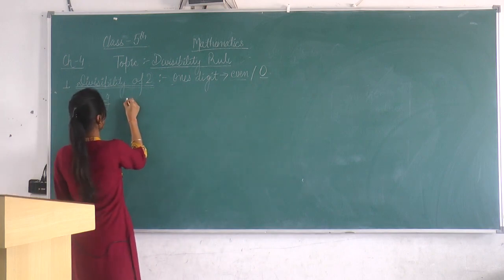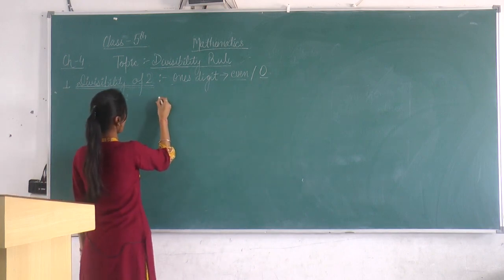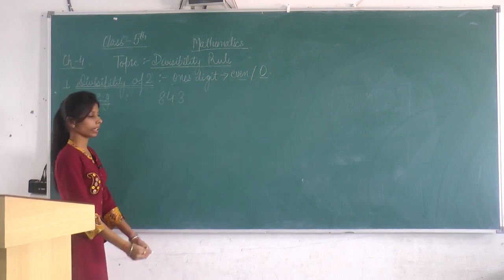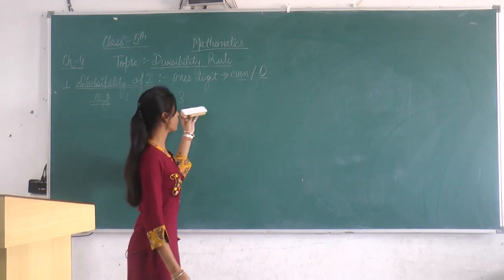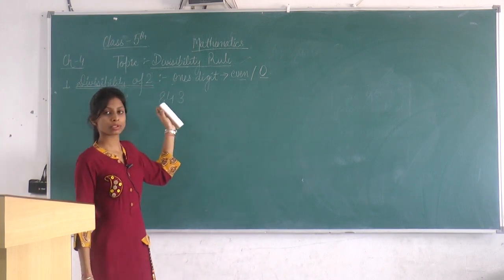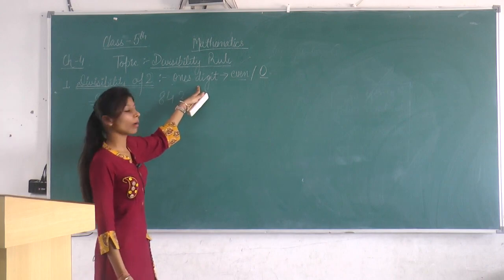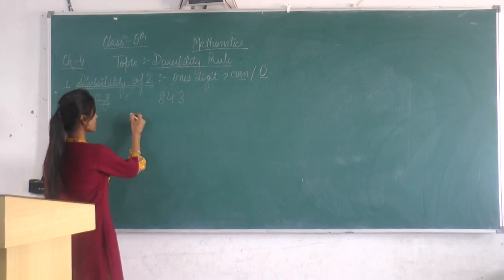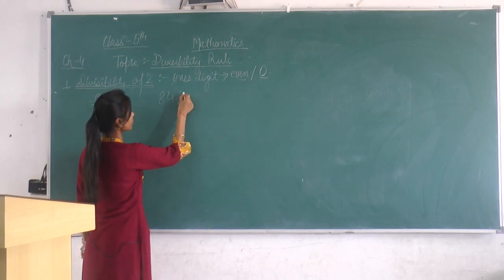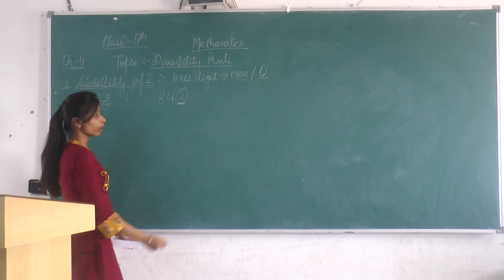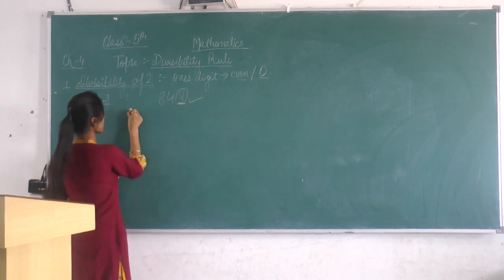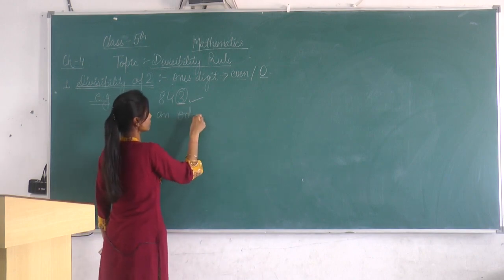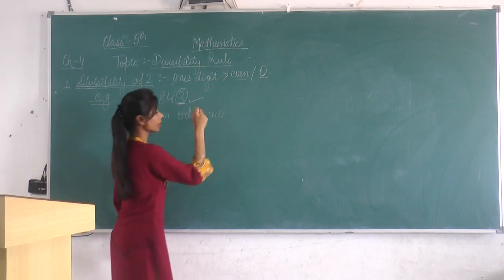Suppose we take the number 843. I have already told you that you have to check only the ones digit. All of you know the ones digit is this. So what is the value on the ones digit? That is 3. All of you know 3 is an odd number.